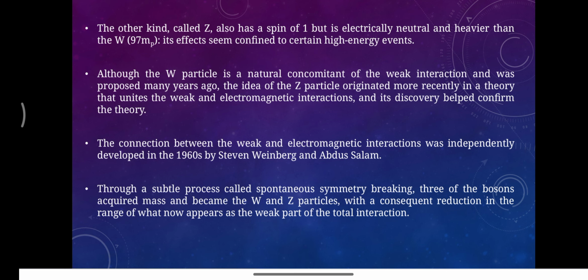What Weinberg and Salam did was to show that at a certain primitive level both forces are aspects of a single interaction mediated by four massless bosons. Through a subtle process called spontaneous symmetry breaking, three of the bosons acquired mass and became the W and Z particles, with a consequent reduction in the range of what now happens as the weak part of the total interaction.